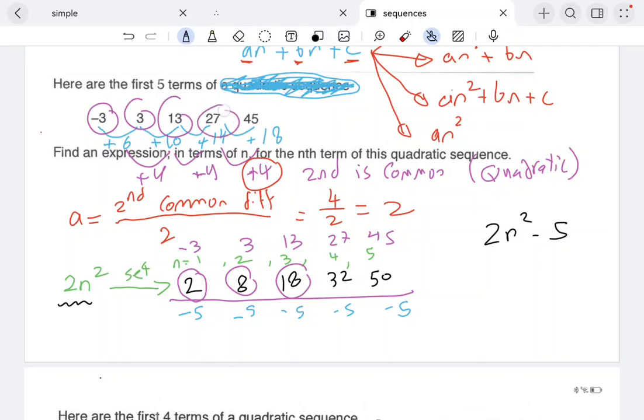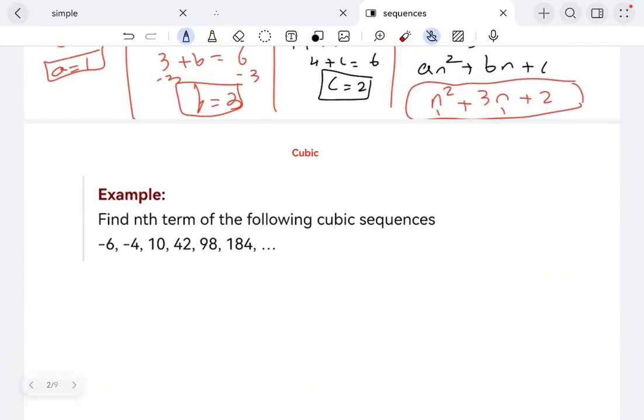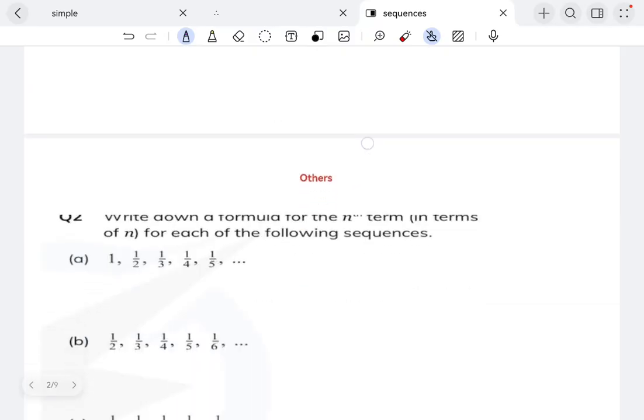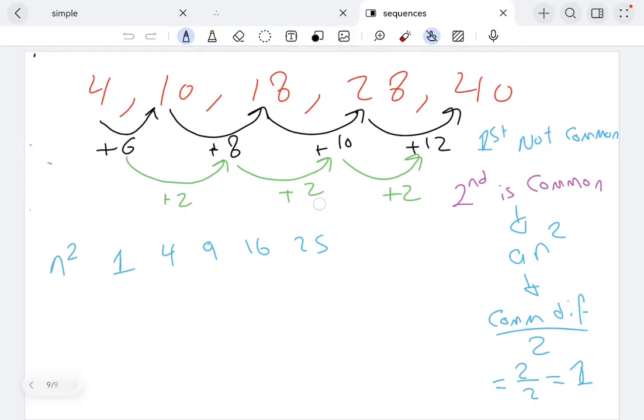I found that every time I need just to subtract 5. This is how I got to n squared minus 5. Not every time is going to be easy, but you must get used to having this sense.